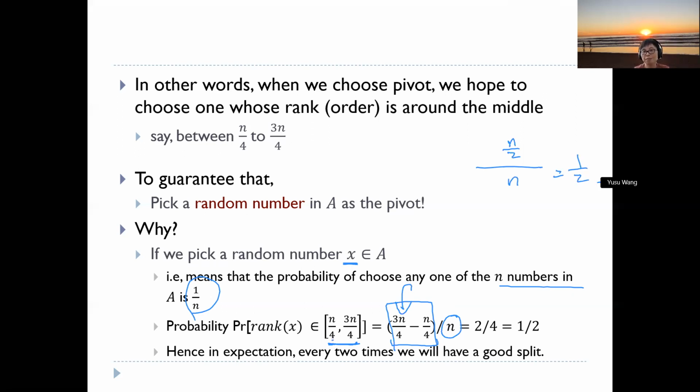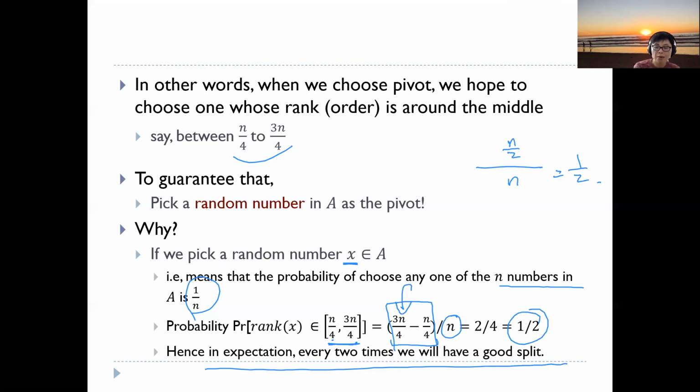In other words, if you just pick a random number, then with probability 1/2, this random number's order will be in the middle range. The middle range contains n/2 numbers. That's why the chance is 1/2. What this also means is that in expectation, every two splits, we will have a good split, because a good split happens with probability 1/2.